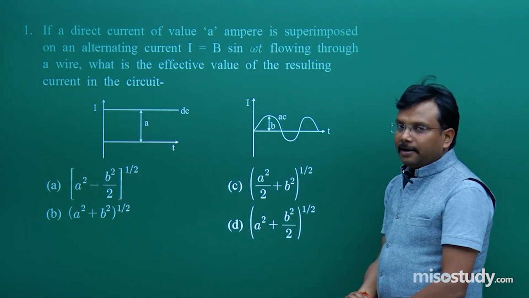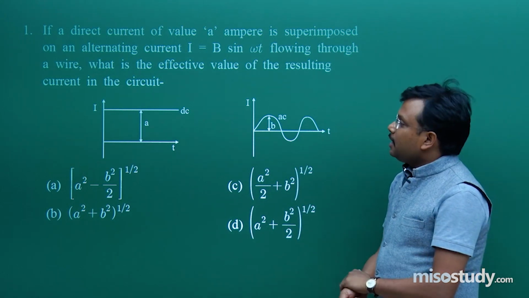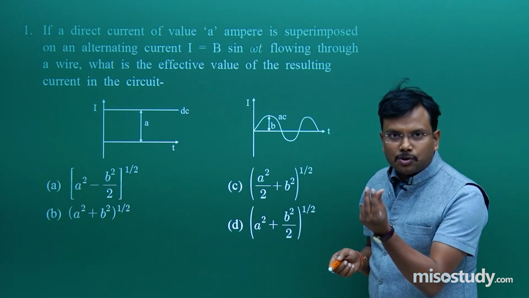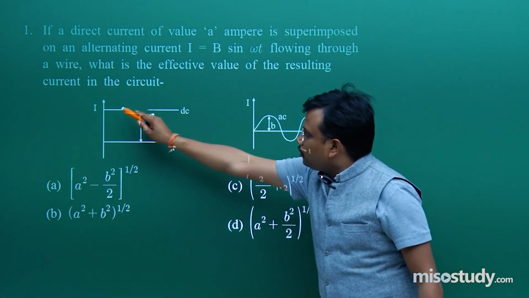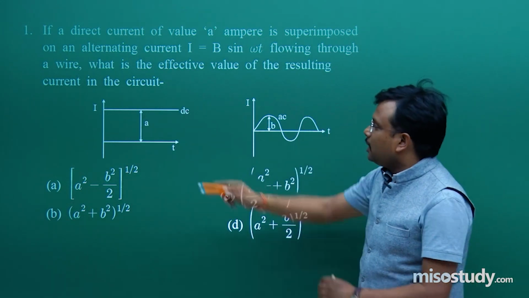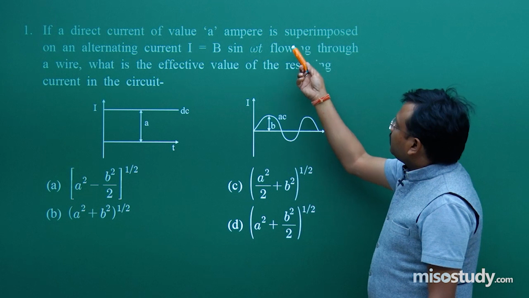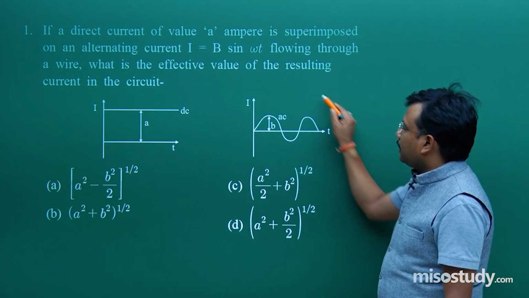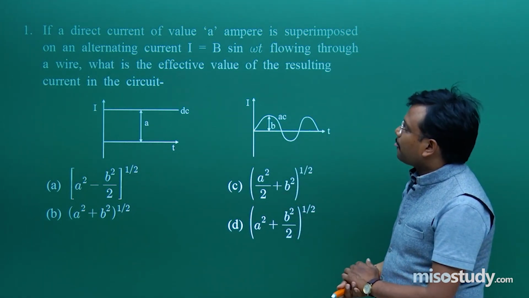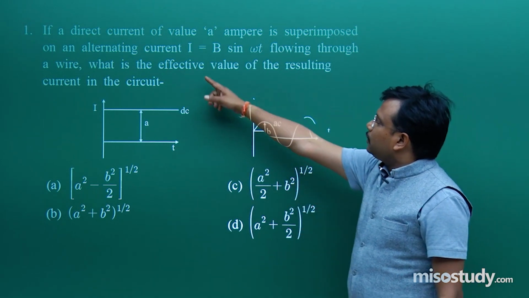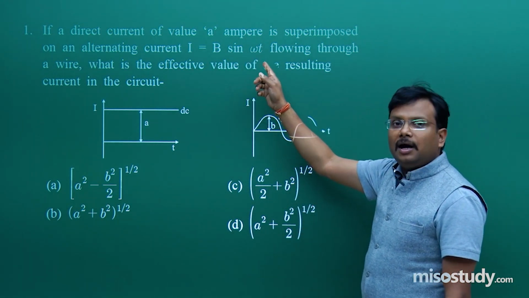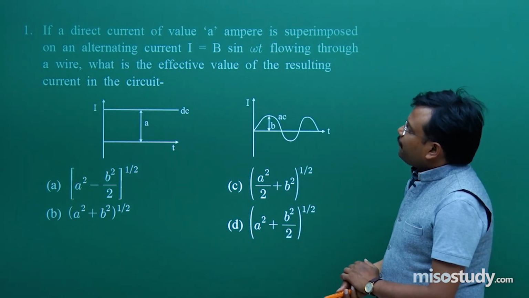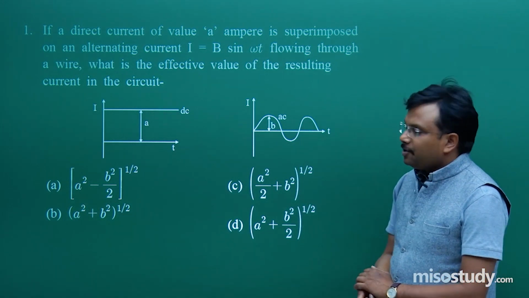If a direct current, that is DC, of value A ampere, where A is basically the magnitude of the direct current, as mentioned with the help of this diagram, is superimposed on an alternating current, sinusoidal in nature, given by the expression I is equal to B sin omega t, what is the effective value of the resulting current in this circuit?